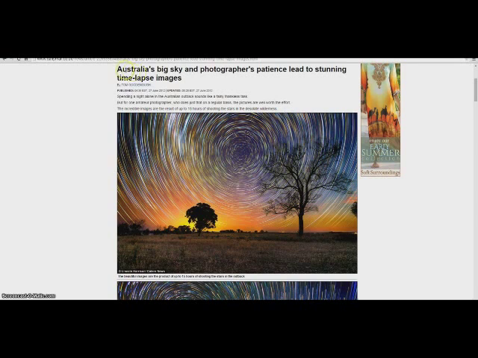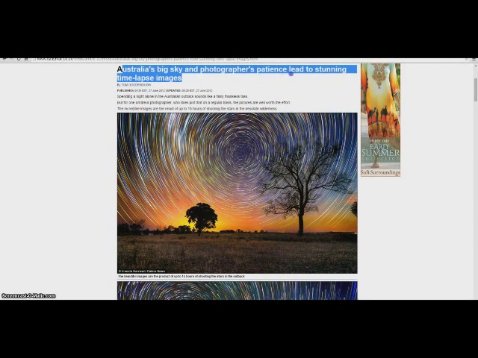All right, so here is Australia, big sky and photographers, patience lead to stunning time-lapse images. So this picture right here is impossible. Even if we did live on a globe and you were taking a time lapse, it wouldn't look like this, especially not in the daytime. This is just the way the angles are.